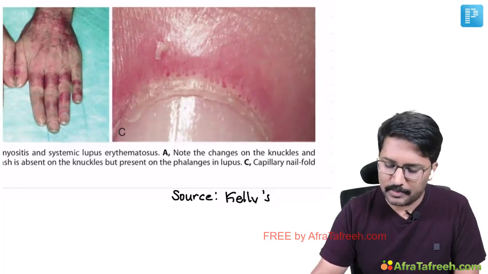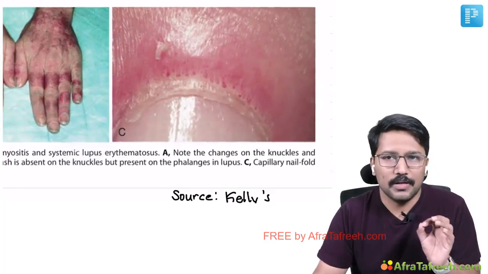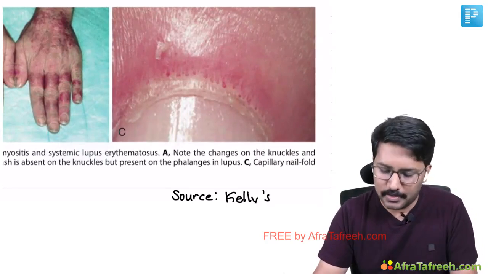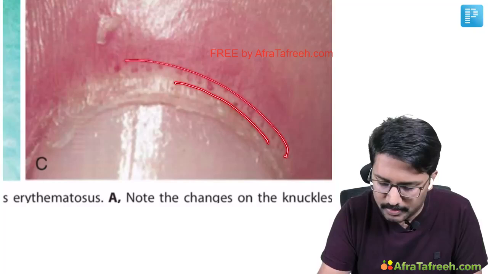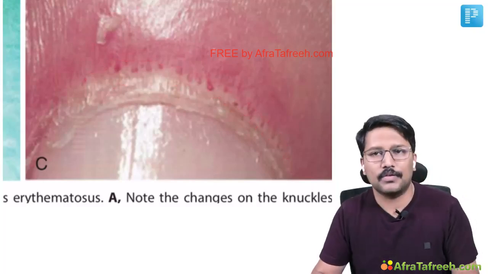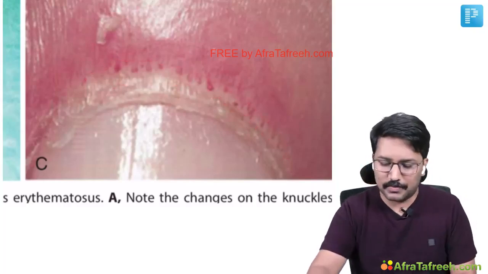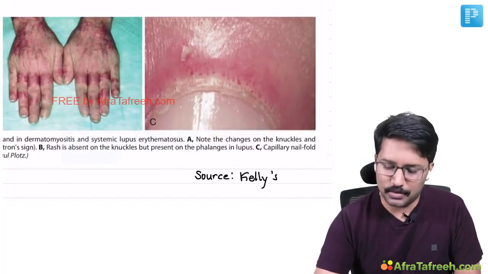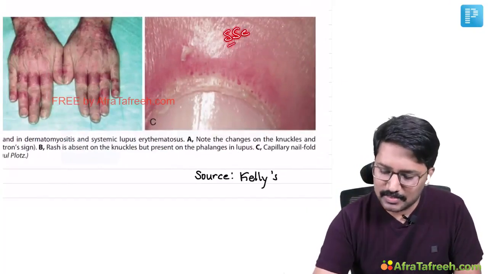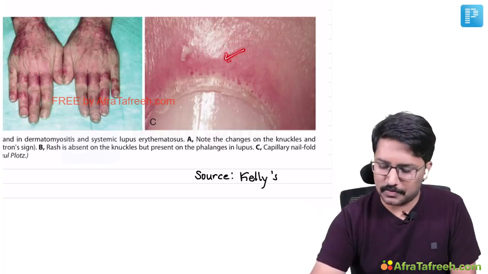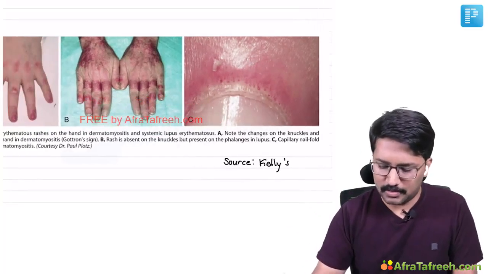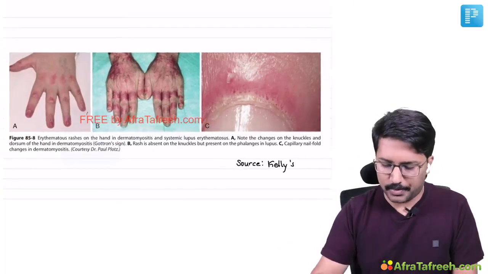And what we see in the third image is presence of nail fold capillary changes. I think you can clearly appreciate these nail fold capillary changes in this area, right? So particularly the presence of anti-synthetase antibody, I have told you, right? It makes the disease behave like systemic sclerosis, and you can have all those manifestations. So that is what it is. Nail fold capillary changes. Okay.